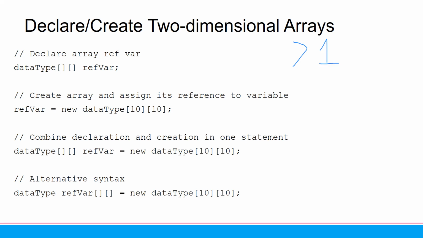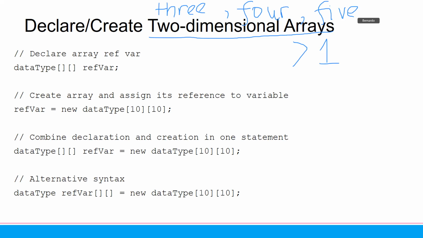In our case, let's just focus on the two-dimensional array. If you want to learn about three-dimensional, four-dimensional, or five-dimensional arrays, that's also possible, but let's focus on the two-dimensional array.